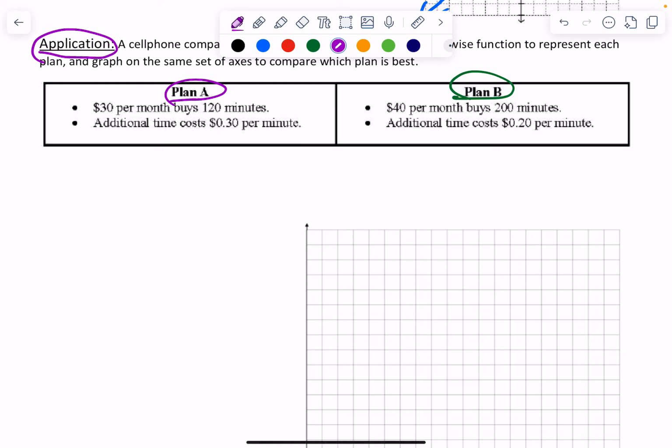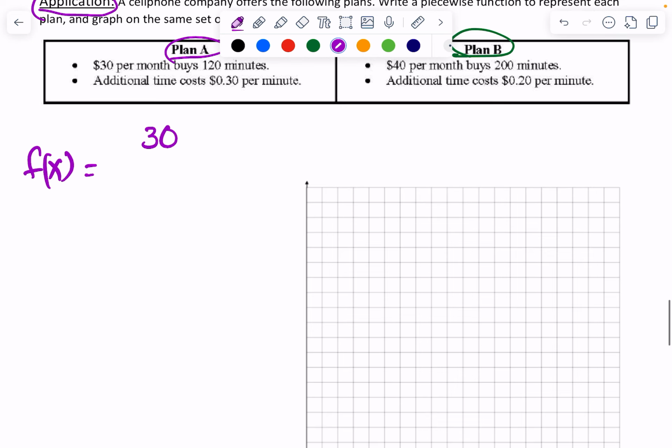Additional time costs 30 cents per minute. So if we think about it, we have a function here. The first part is going to be the $30.